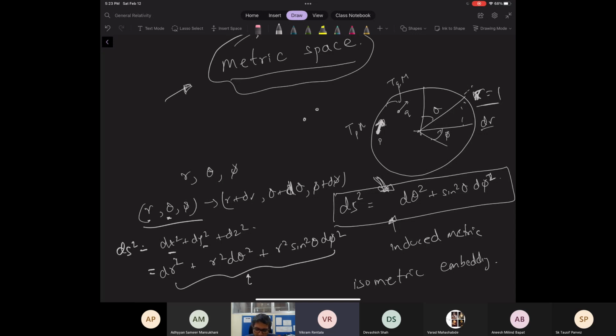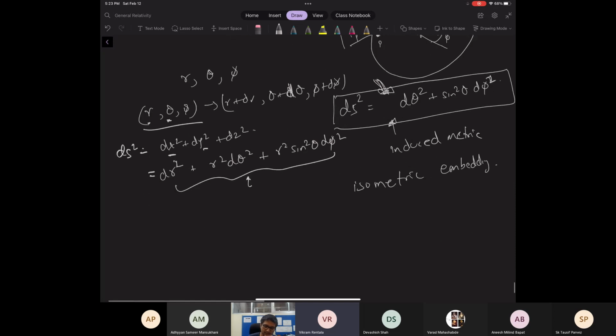So the next thing we're going to do is talk about how to move a vector from one point here, which is in a different tangent space, to a vector in this tangent space, and to compare these vectors with each other. So what we're going to talk about next is this idea of parallel transport of vectors on a metric space.